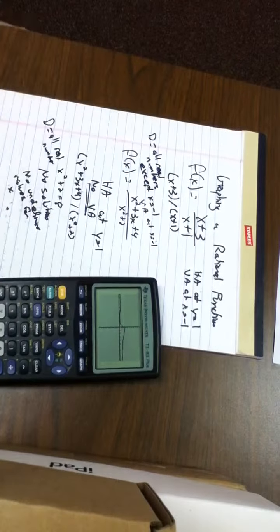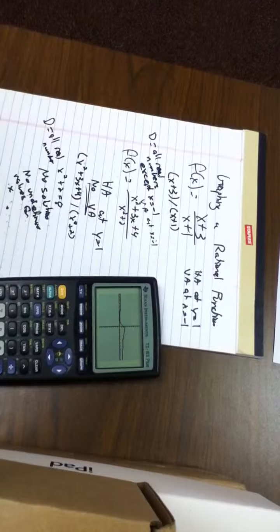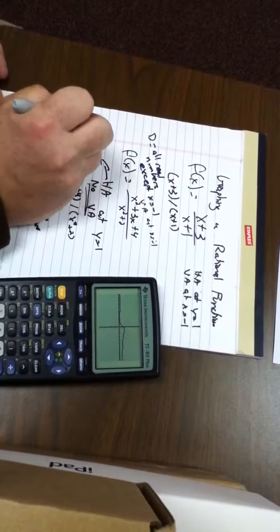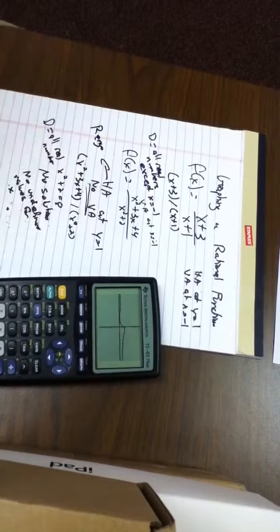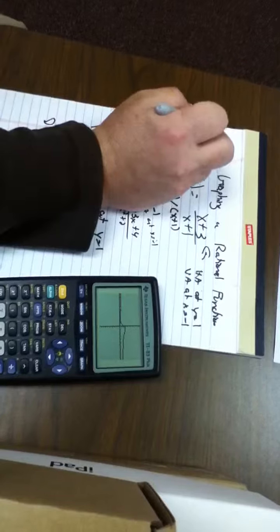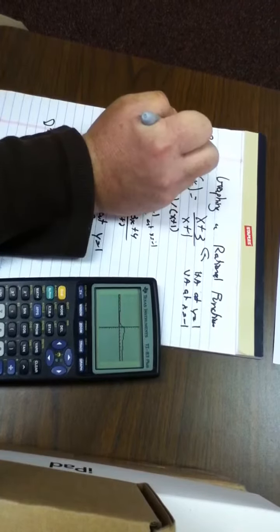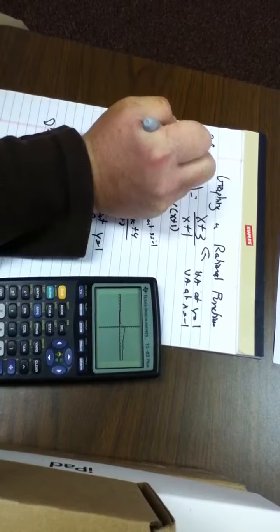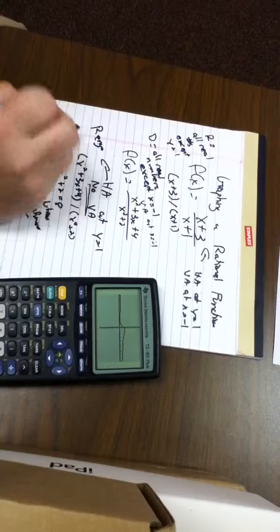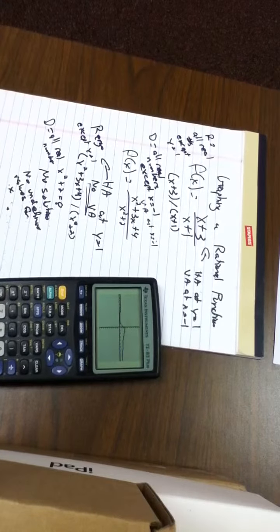So this ties in how the vertical asymptotes tie into the domain, and what it turns out to be is the horizontal asymptotes tie into the range of the function. So on both of these cases, my range would be all real numbers except, up here, y equals 1, and likewise down here, except y equals 1, because that's where the horizontal asymptote is.